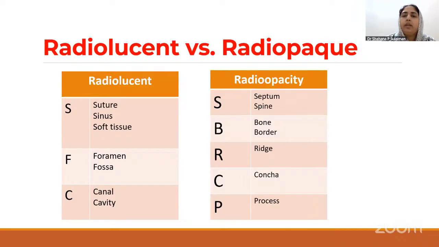You can remember them by S, B, R, C and P. Under S we have septum and spine, B for bone and border, R for ridge, C for concave, and P for process. Now we'll go into the anatomical landmarks.